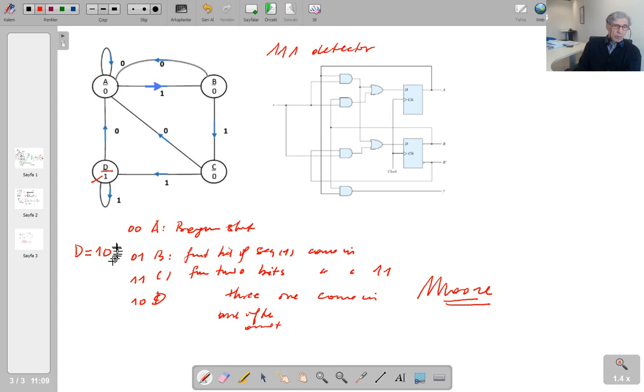If you assign that, your Z output, when you are in state D, is going to be 1. That means that is Y1, Y2 prime, isn't it? For that 1, for that 0. So Z function depends on the state variables only, it doesn't include any input variable in it.